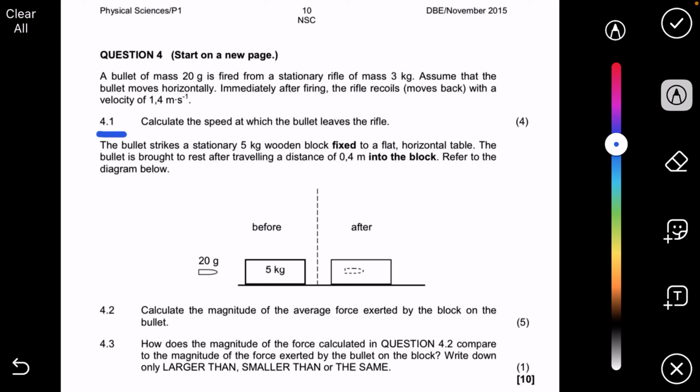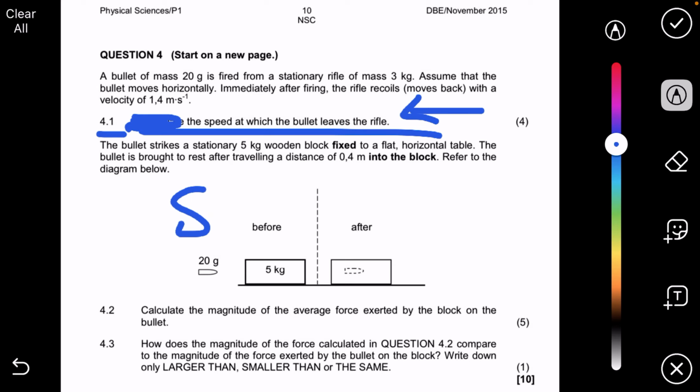Ladies and gentlemen, what is the cream of that question? Remember, guys, the cream of the question is that word or those words in the question which, when removed, will result in the whole of the question not making sense. So if you remove calculate, you remain with the speed at which the bullet leaves the rifle. Already you are able to know that you can calculate the speed. If you remove, I'll just focus on the keywords.